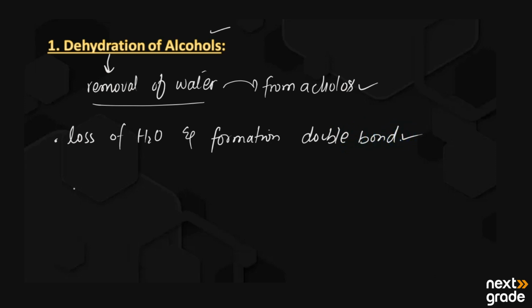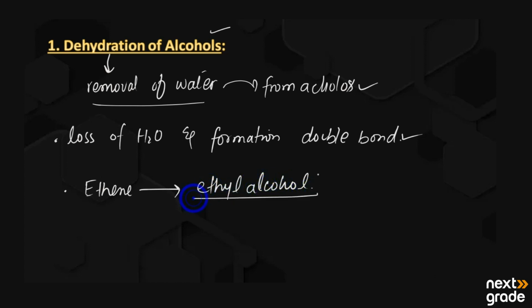In this, we have an example where we will prepare ethene by dehydrating ethyl alcohol. You need to remember that the carbon number of the alkyl radical having the alcoholic group will be the same.